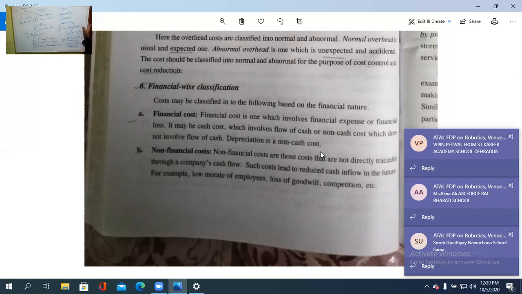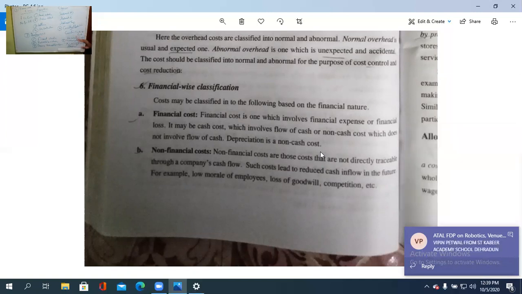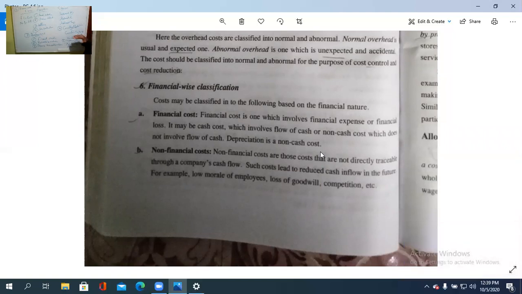Based on controllability, it can be subclassified into controllable costs, which we can control up to a certain extent, while uncontrollable means management cannot control it by any measure. Next, normalcy wise: normal overhead means repetitive in nature, and those that happen unexpectedly or accidentally are abnormal overheads.